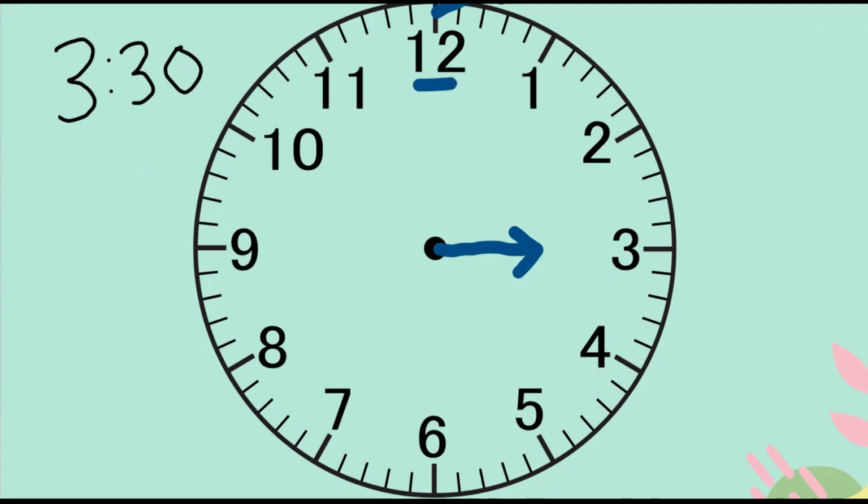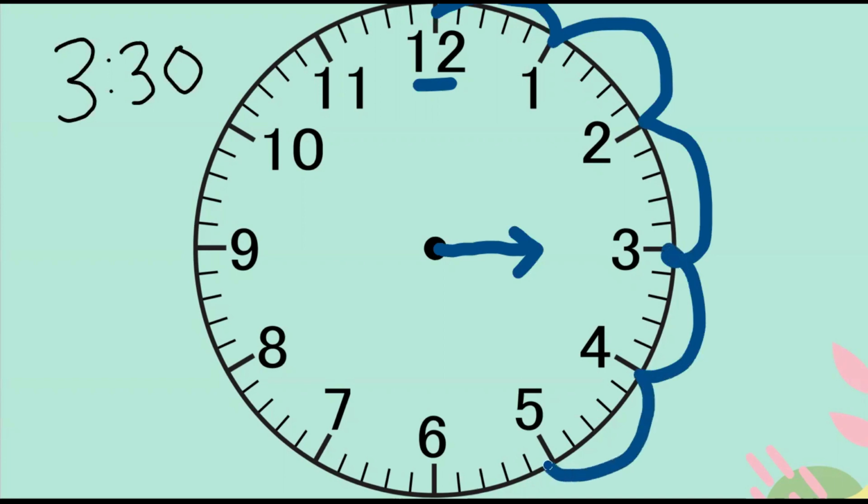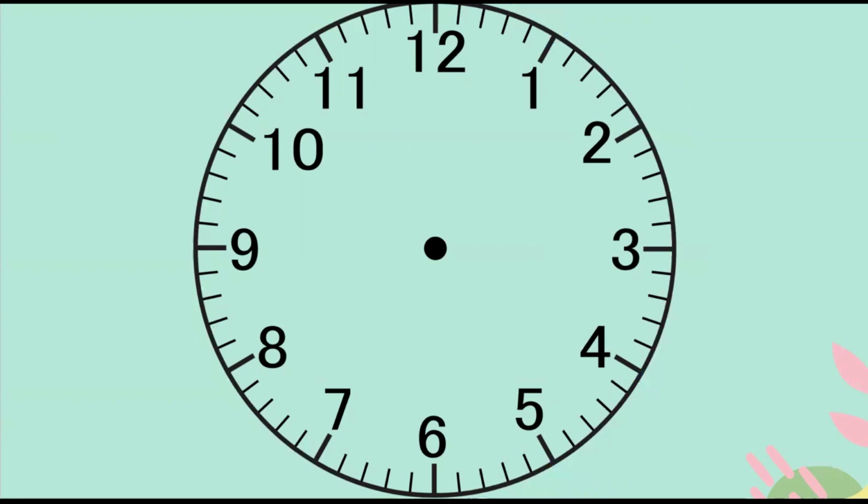Here we go. 5, 10, 15, 20, 25, 30. Good job. So we know our minute hand is going to point straight down to the 6. The time is now 3:30. Good job.